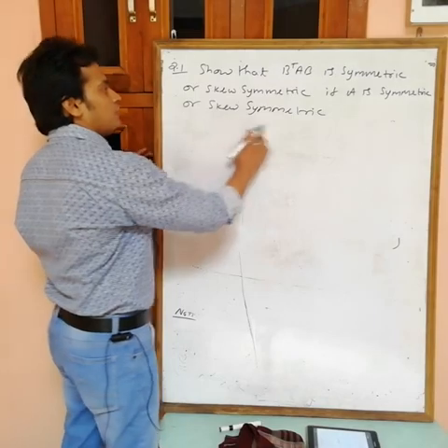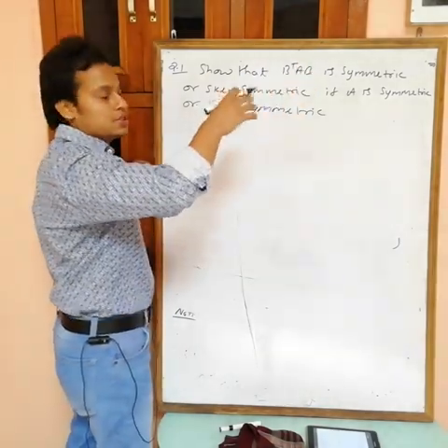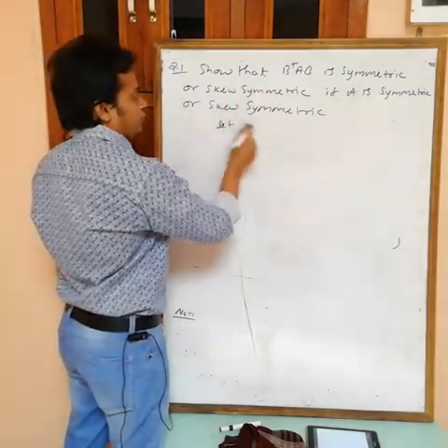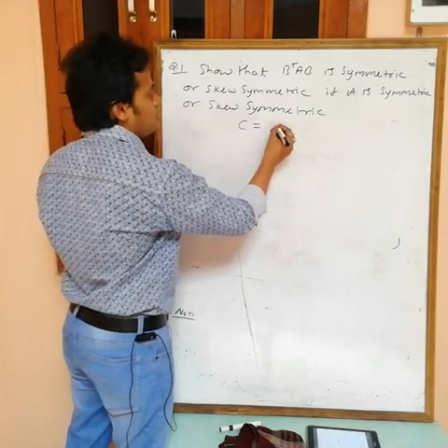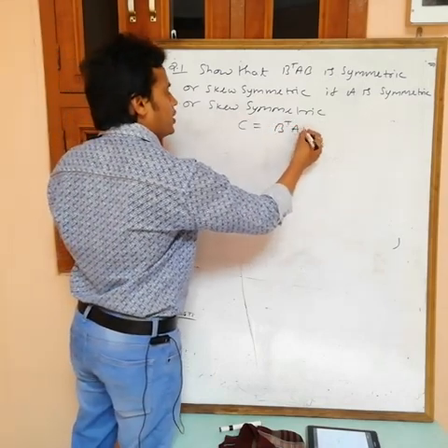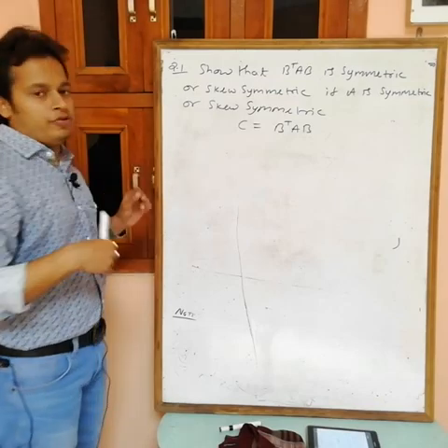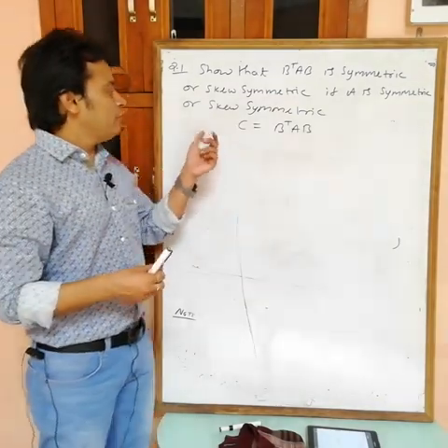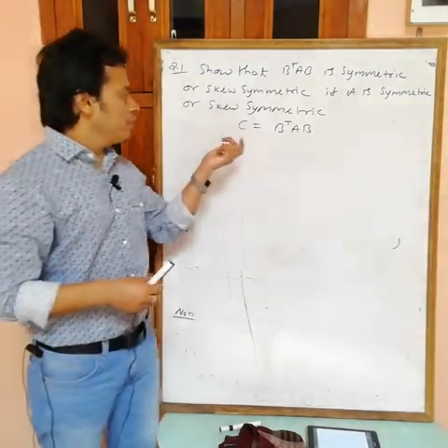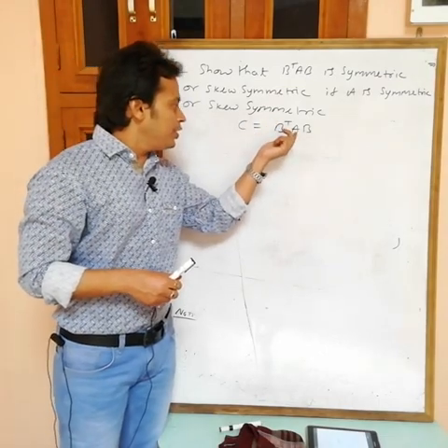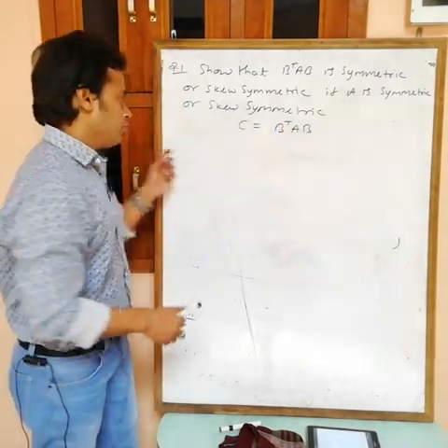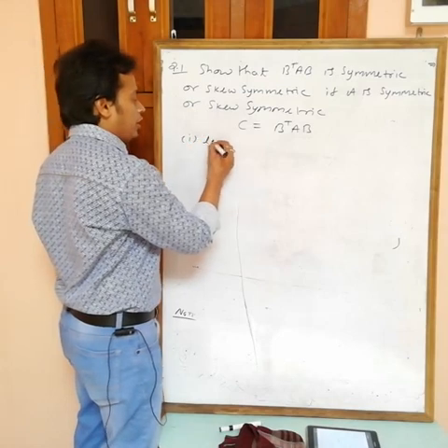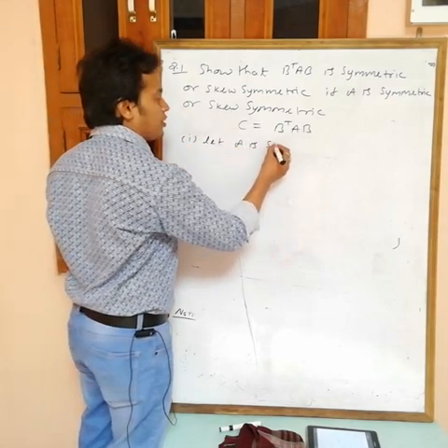So first I am assuming this matrix as C. C equals B transpose AB. Now we have two parts. In the first part we want to prove that if A is symmetric, then C is also symmetric. So first, let A be symmetric.